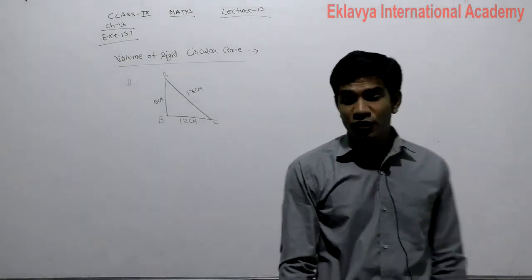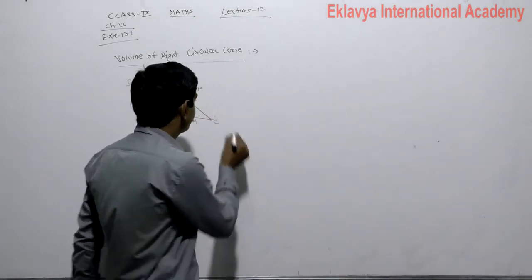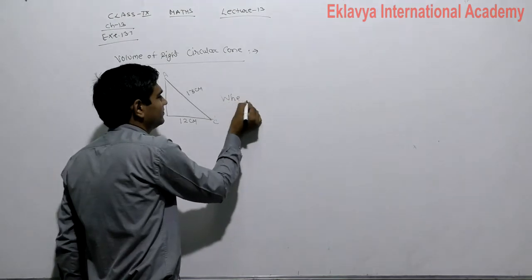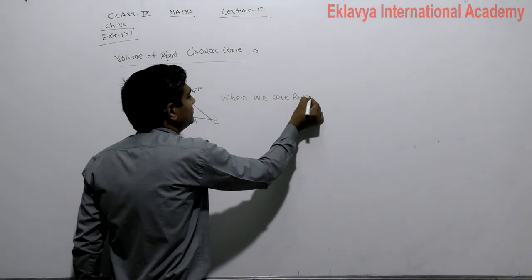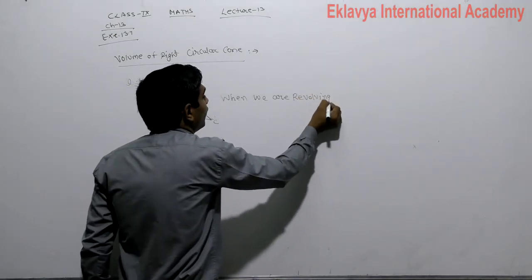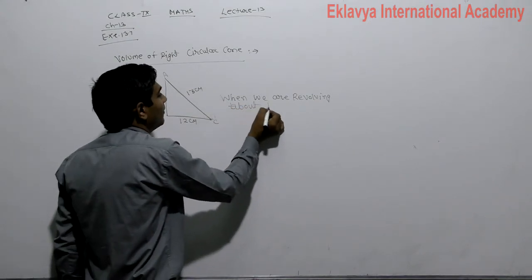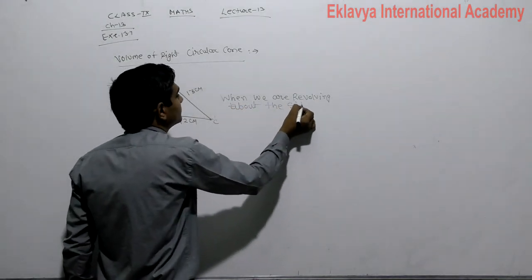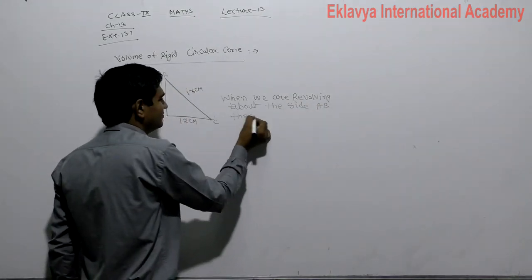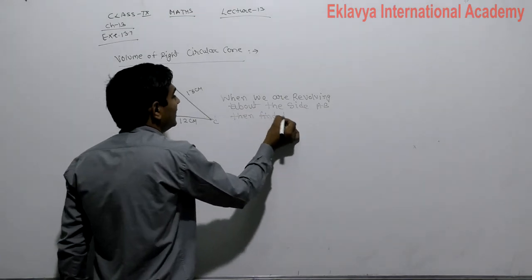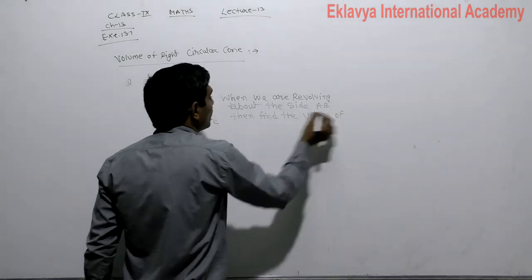When we are revolving that right triangle about the side AB, find the volume of the cone.